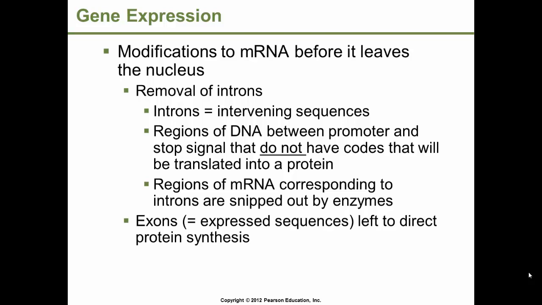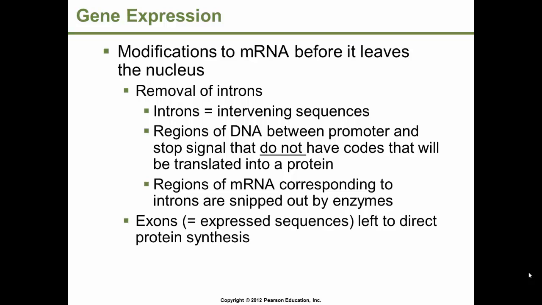Exons, on the other hand, stands for expressed sequences. These are left and will be translated into a protein. So introns will be snipped out before the messenger RNA is sent out to the cytoplasm, whereas the remaining exons will be translated into the protein.